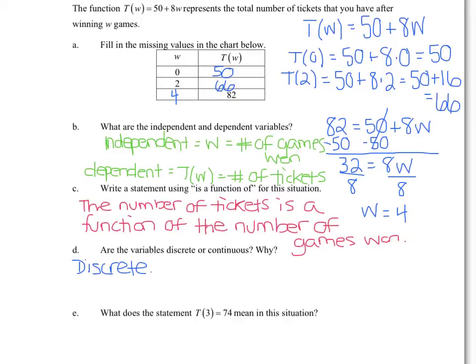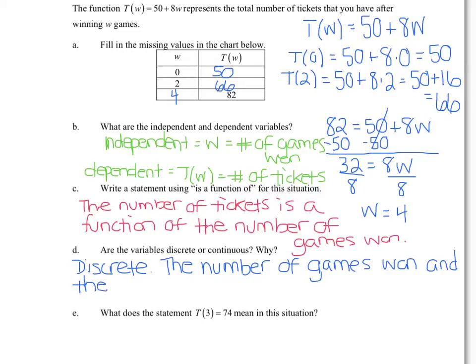This is because the number of games won and the number of tickets can only be whole numbers. So let's write this. The number of games won, because remember, I can't win. Ooh, sorry. The handwriting. The number of games won and the number of tickets.